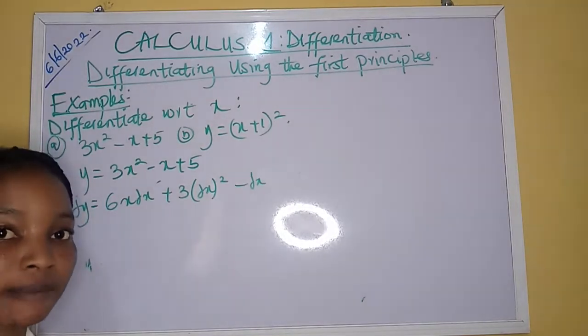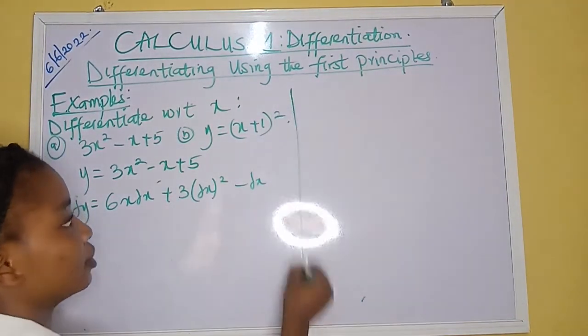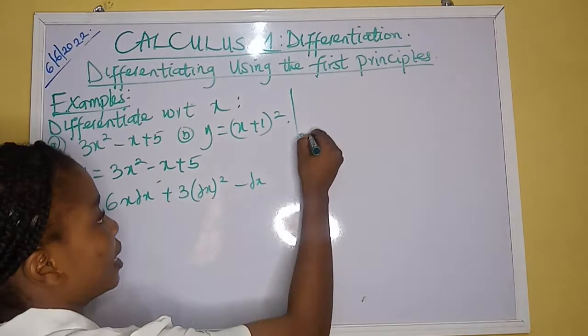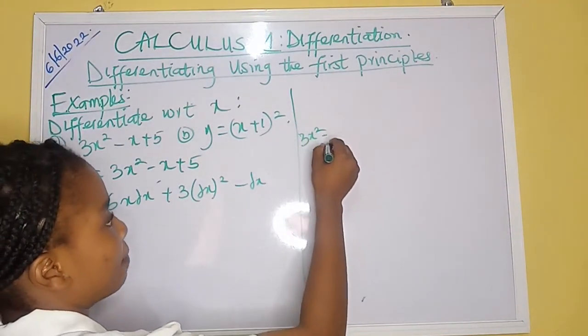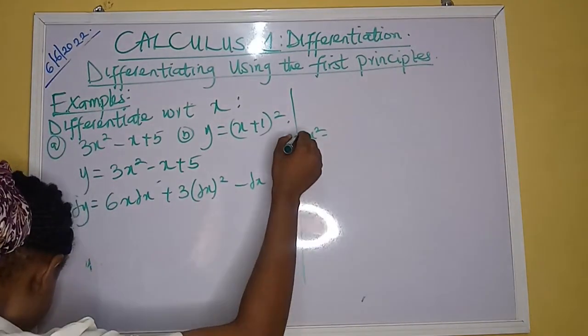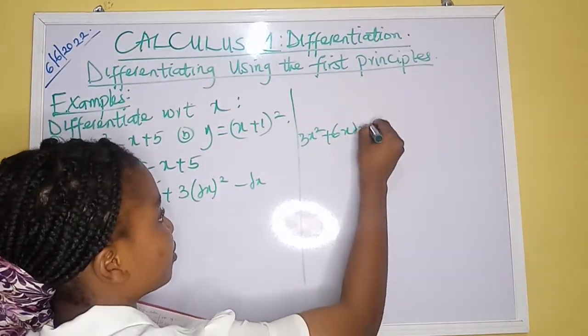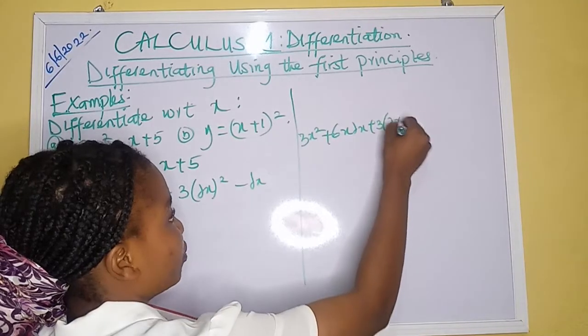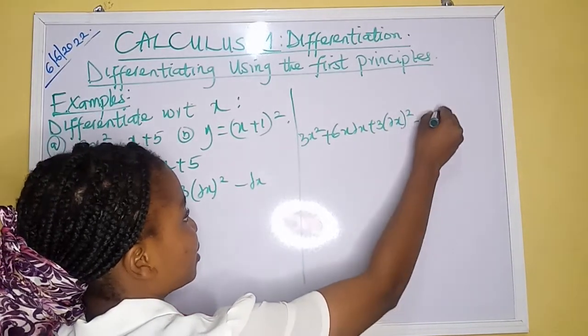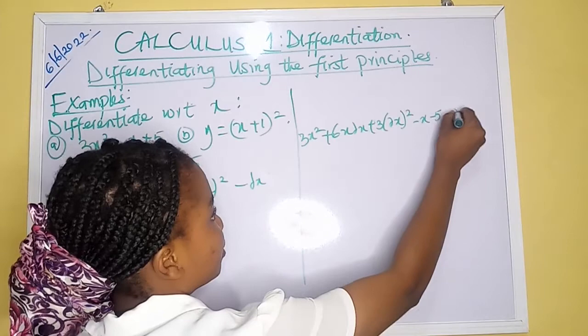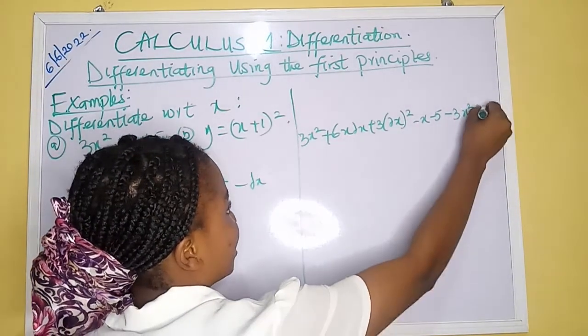Are we able to cancel them out? Let's try them again. This is what we did. The 3x squared plus the 6x dx plus the 3 dx squared minus x minus dx plus 5 minus 3x squared plus x minus 5.